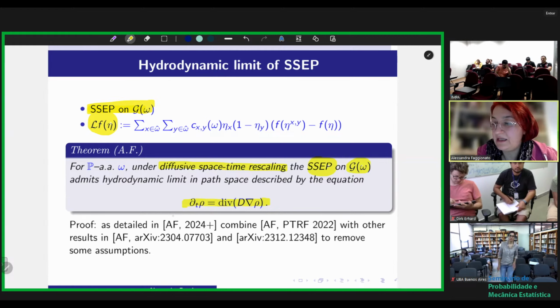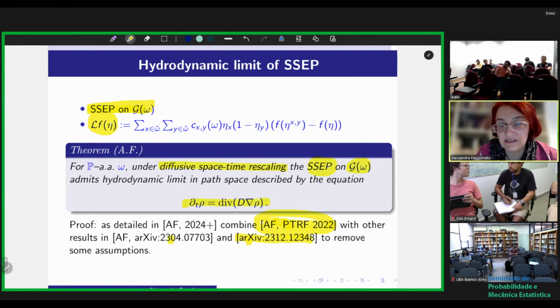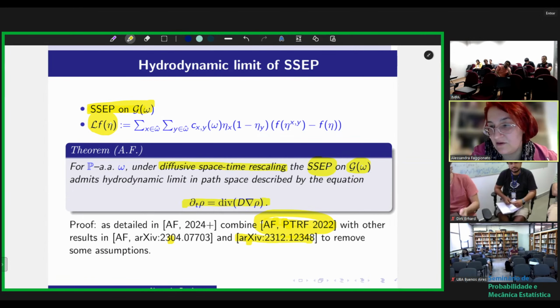With some more assumptions compared to my assumptions here, the result was obtained in this paper. But by combining other intermediate results, in particular the ergodic results presented today, I was able to remove the assumptions, and the theorem now holds with the same assumptions I presented in this third part.